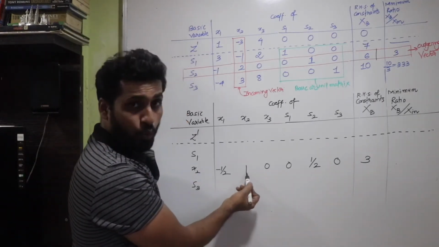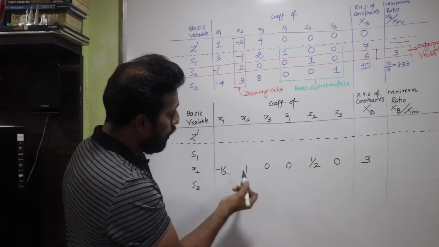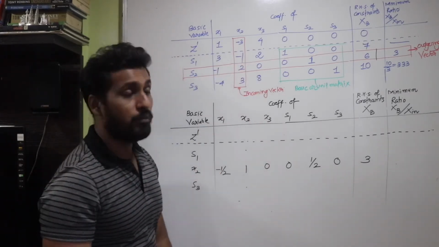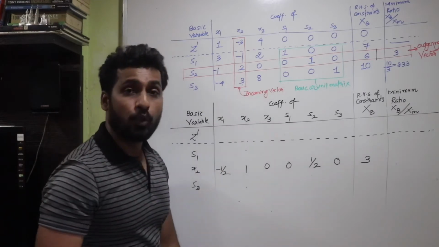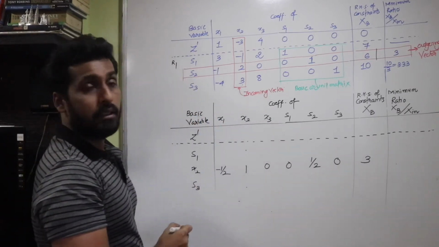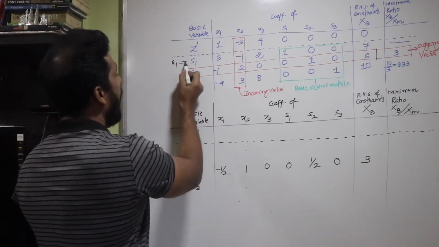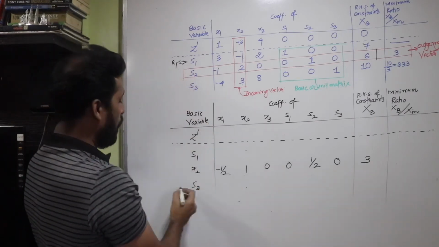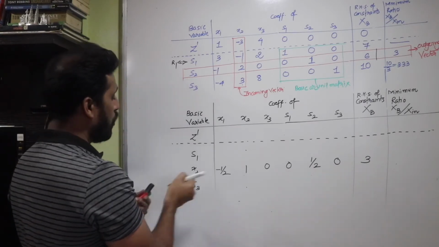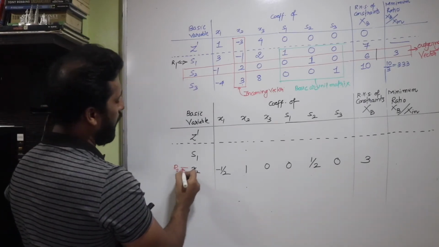Taking the help of this 1, elements above and below will now become 0, isn't it? That means this minus 1 has to become 0 and the 3 also has to become 0. So this row is called R1. This was R2, but I'm going to write R2 here in the next table. That is very important.